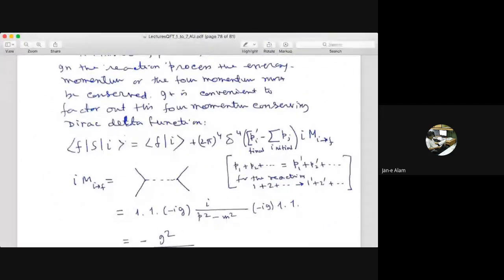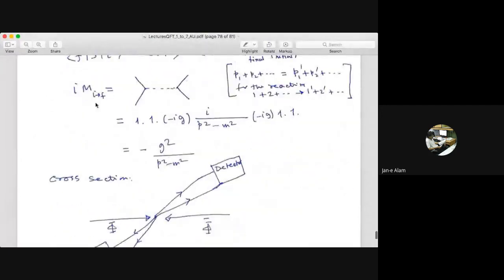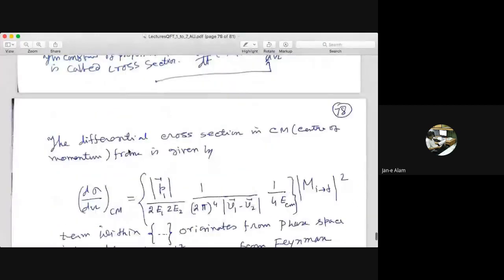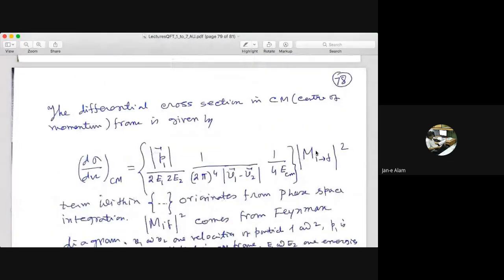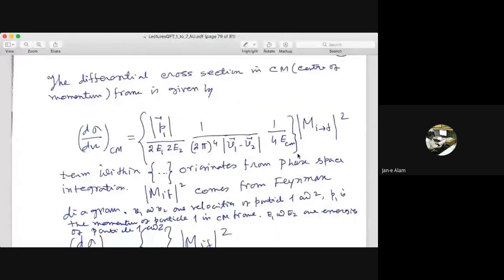That matrix element we have calculated by using the Feynman diagram. So if I square it and put it there, then I will get the cross sections, right? And this factor in the curly bracket is coming from the phase space, which is the example I was giving you the other day.